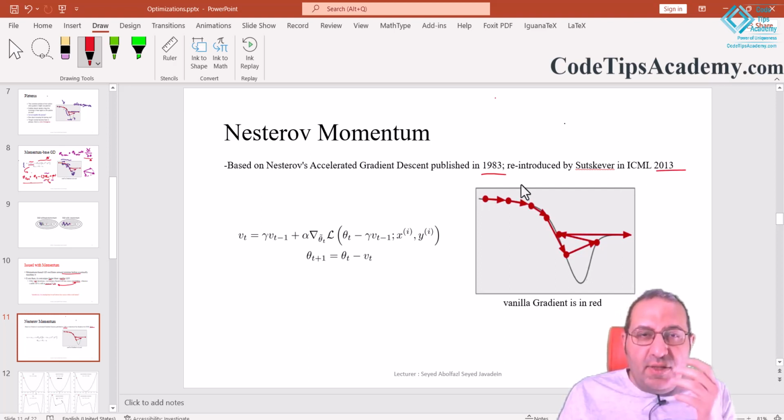After that, using Nesterov momentum got more popular. It was invented before by Nesterov, but it got famous after 2013 by being reintroduced by Ilya Sutskever. This is the formula of Nesterov momentum.